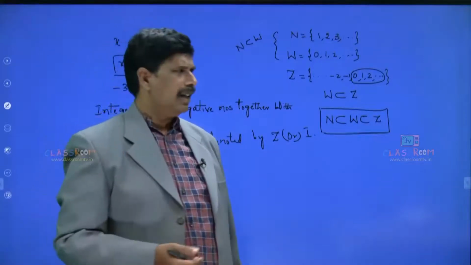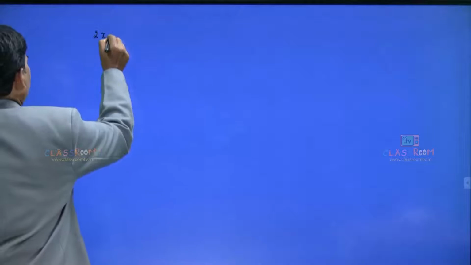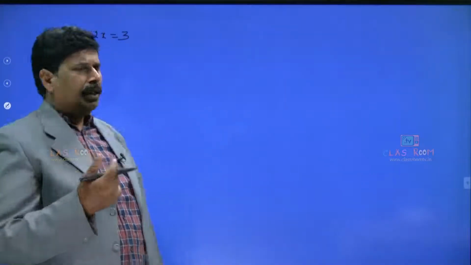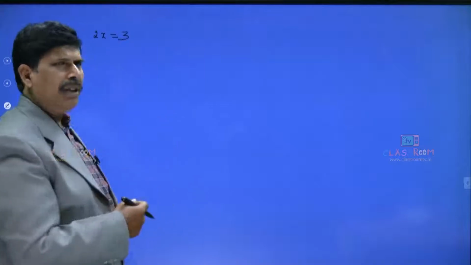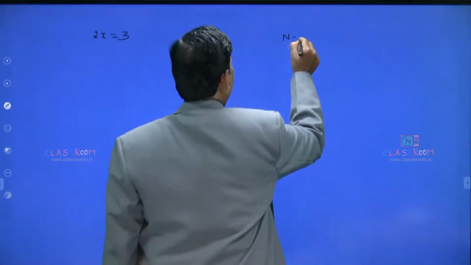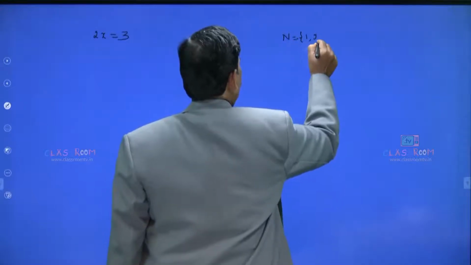Now let us see another equation. Suppose you take 2x is equal to 3. We have the natural numbers, 1, 2, and so on.